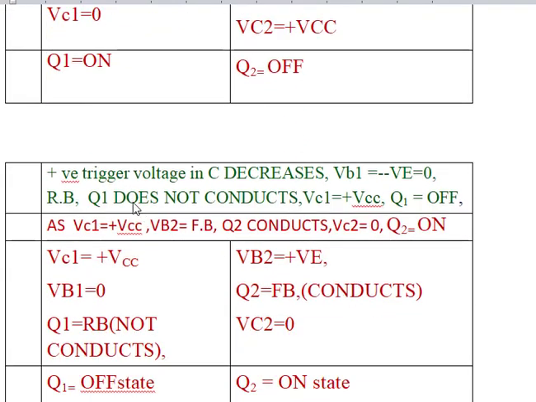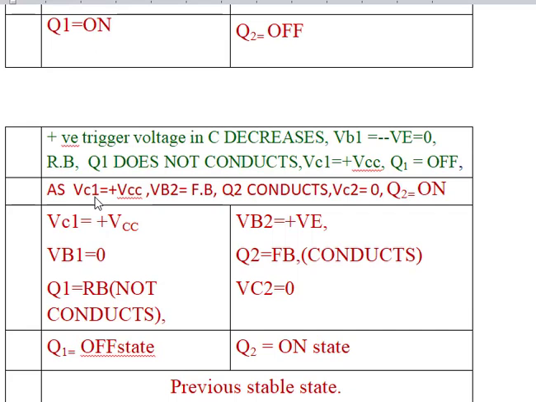After that, when the positive trigger voltage in the capacitor decreases, VB1 becomes negative and then 0, so it is reverse biased. Q1 does not conduct, so automatically VC1 becomes plus VCC, so Q1 becomes off. It shifted from the on condition to the off condition.